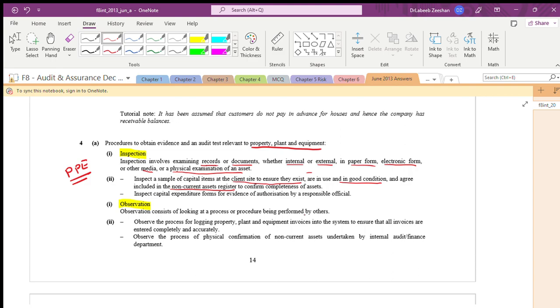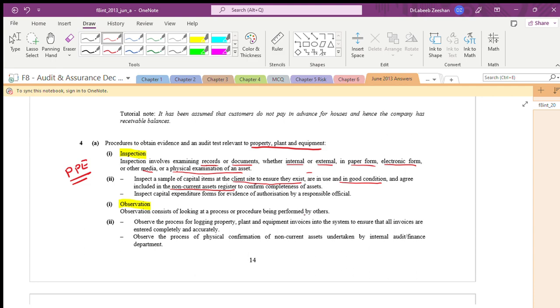So: inspect a sample of capital items at the client side to ensure they exist, they are in good condition, and they agree with the non-current assets register for completeness.